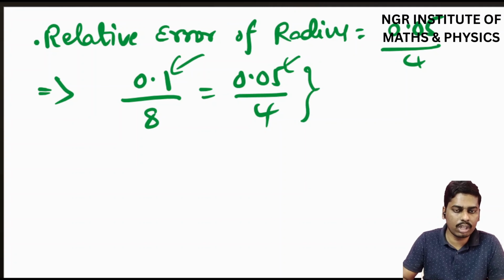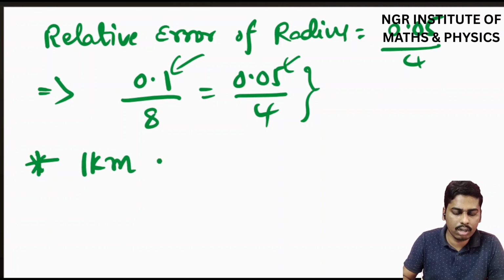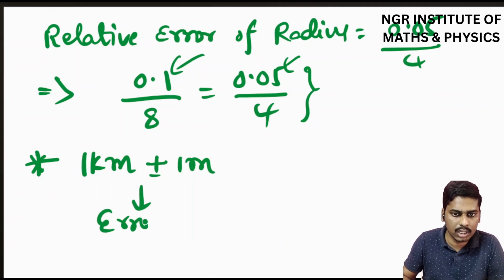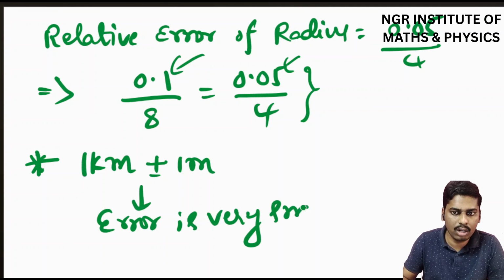Why is the relative error very important as compared to the absolute error? Because, for example, if I take one example, 1 kilometer plus or minus 1 meter. If you observe, the error in this is very small. I am talking about the absolute error.